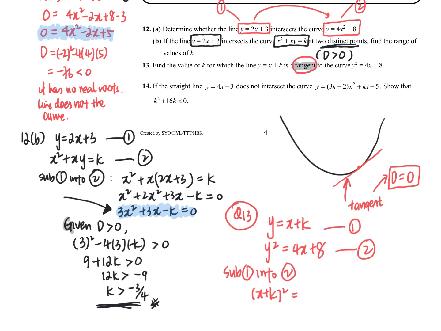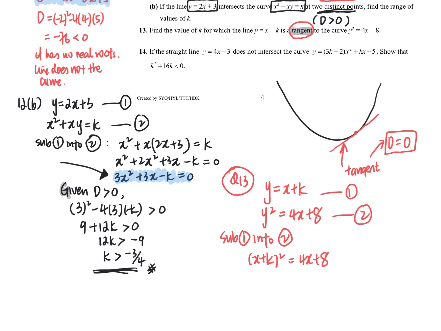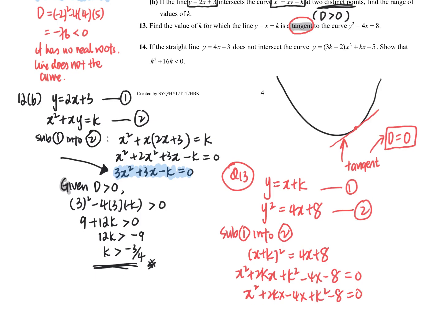That's why you need to learn simultaneous at the start, because you need to do this. Okay, so go and expand it out normally. Rearrange them. Okay, and then you can talk about discriminant.